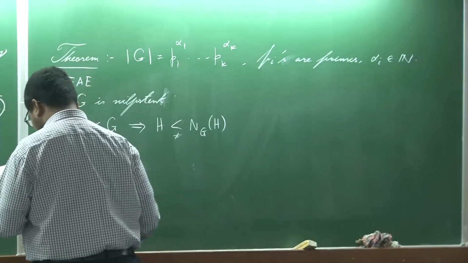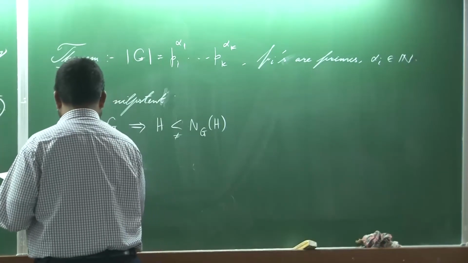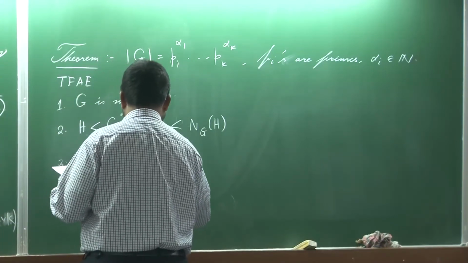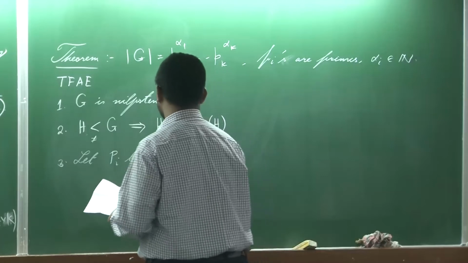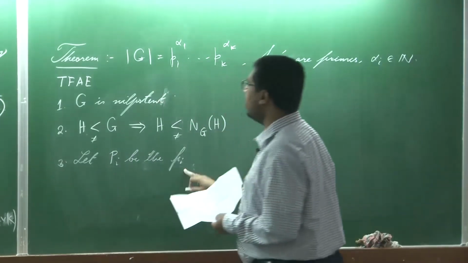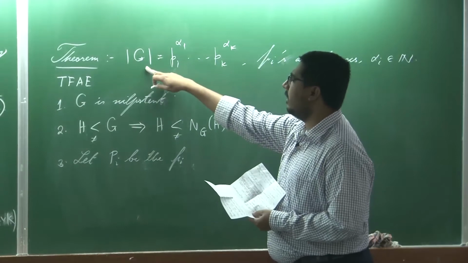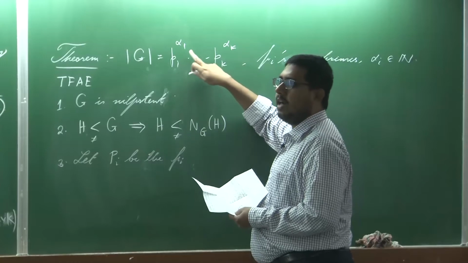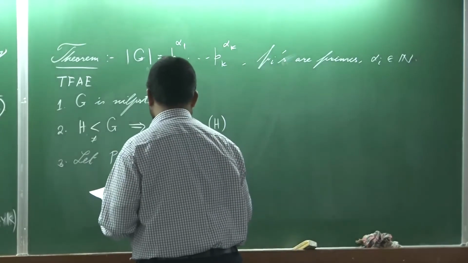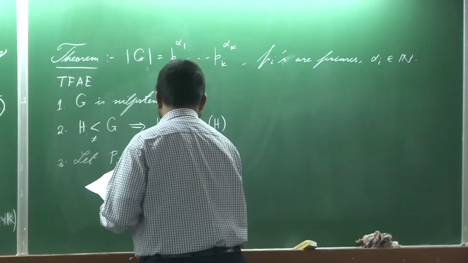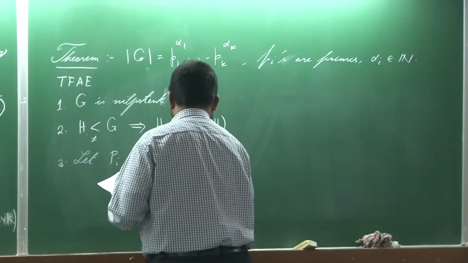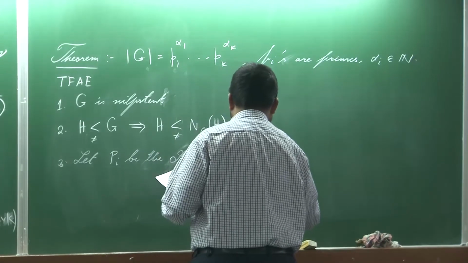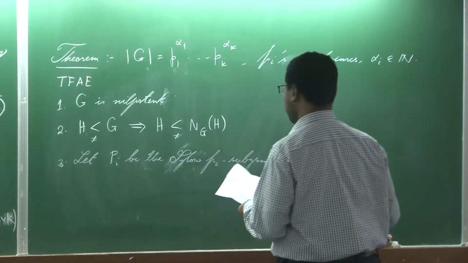The third statement is: let Pi be the pi-Sylow subgroup. Remember that by Sylow's theorem there is a subgroup of order pi to the power αi; let us denote this by capital Pi, the Sylow pi-subgroup.